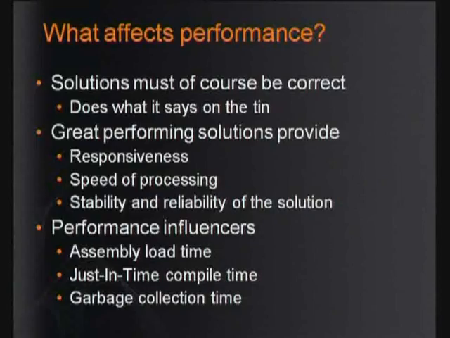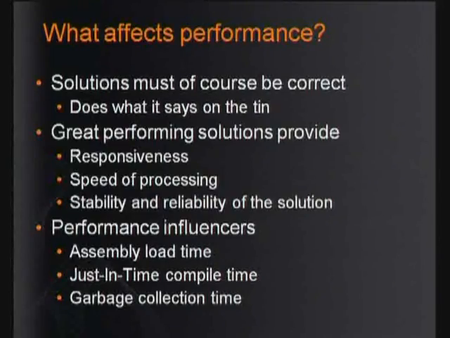So where would performance normally get hit the worst? Assembly load time is the first one that I want to talk about. If you have a large implementation and it's monolithic, there's a huge exe that you need to load in. That image needs to be loaded into memory before it can be executed, so that's going to provide a delay at application startup.